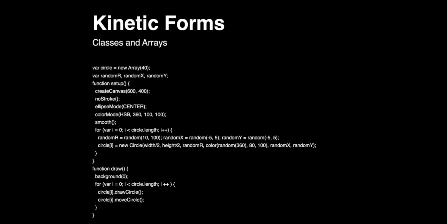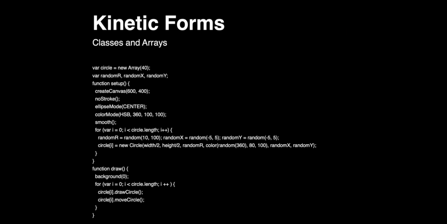Okay, cool. So that's it for kinetic forms when it comes to how to get objects moving in P5 on your canvas using the draw function. Feel free to email me or Slack me if you guys have any questions.